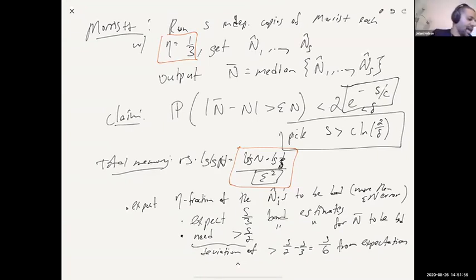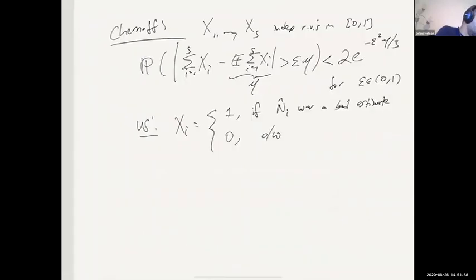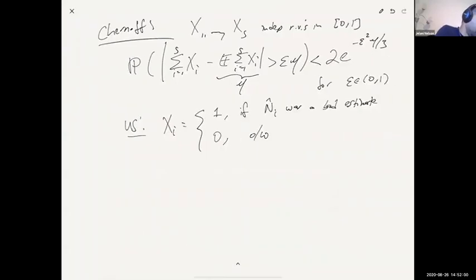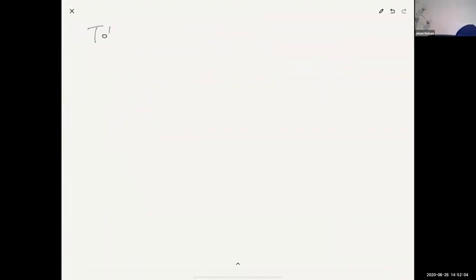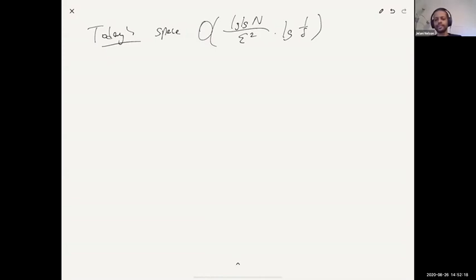It turns out that the right answer, so what I showed you today, we got space which looks like basically O of log n over epsilon squared times log 1 over delta. Now, it's possible to do better.